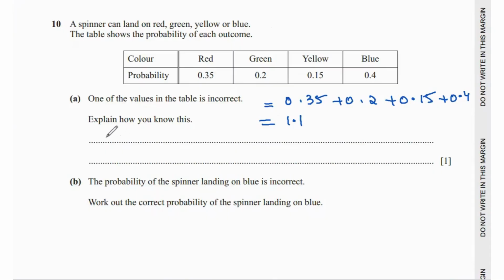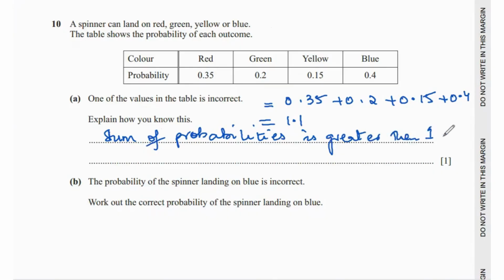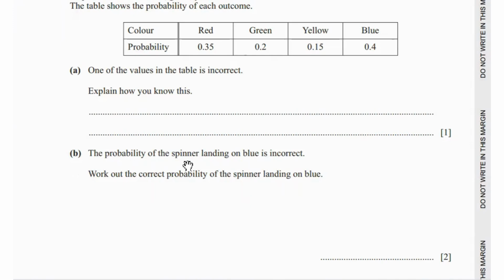That is greater than 1. So the sum of probabilities is greater than 1. That's why we know that one of the probabilities is incorrect. Then the probability of the spinner landing on blue is incorrect. Work out the correct probability of the spinner landing on blue.